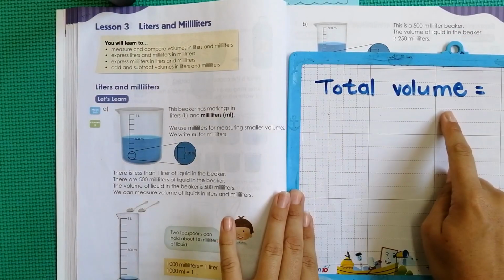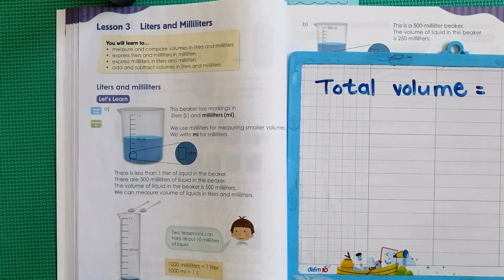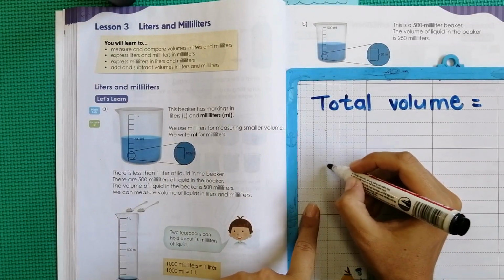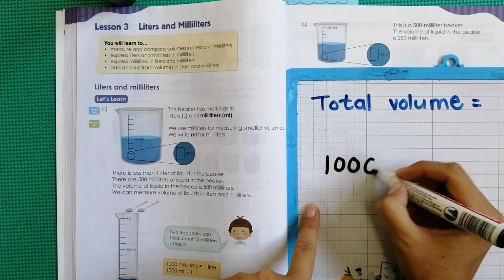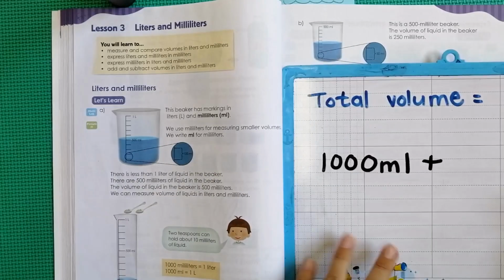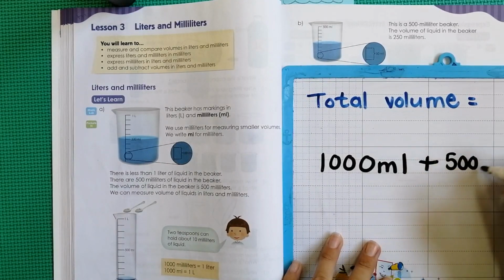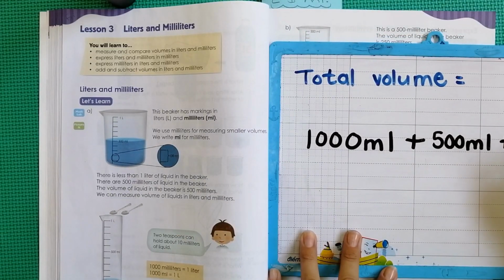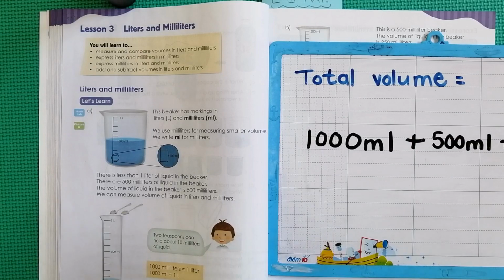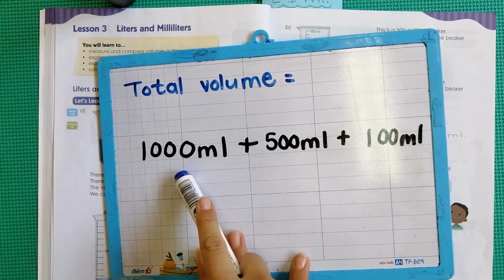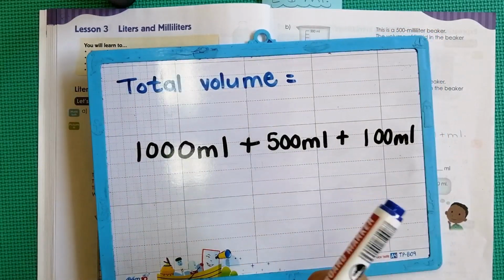So the total volume of water would be 1,000 milliliters plus 500 milliliters plus 100 milliliters. Together it is 1,500.